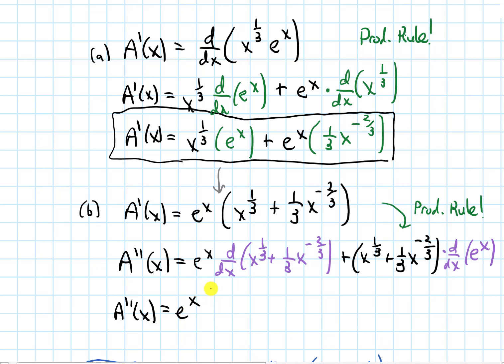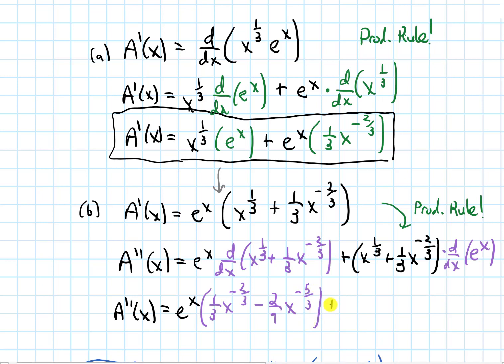All right, so we have f double prime of x equals e to the x. Now for this derivative, this is a bunch of product rule. For x to the 1/3, I'll get 1/3 x to the negative 2/3. For the next term, the negative 2/3 comes down. It multiplies the 1/3 to get negative 2/9. And then I subtract 1 from the power to get x to the negative 5/3.